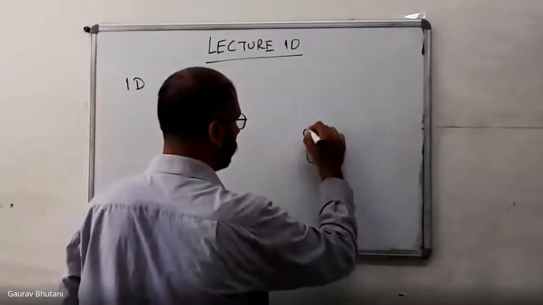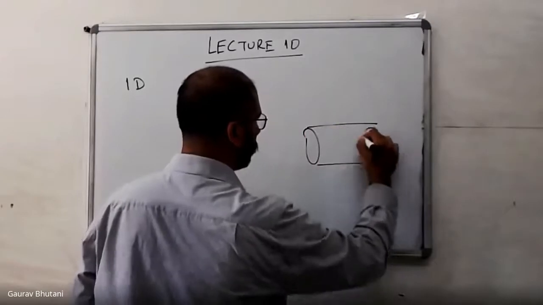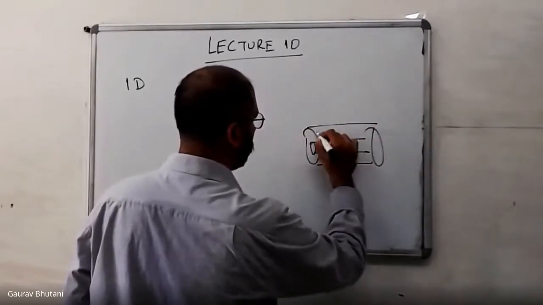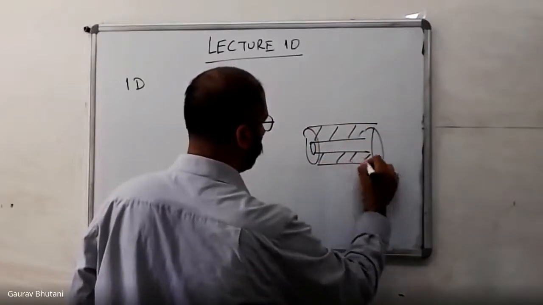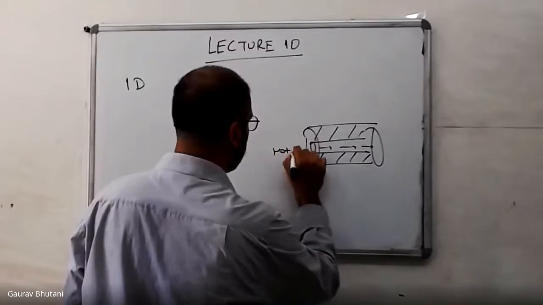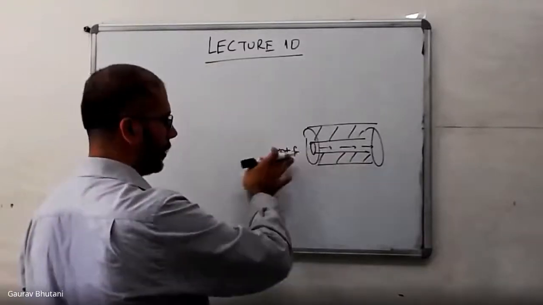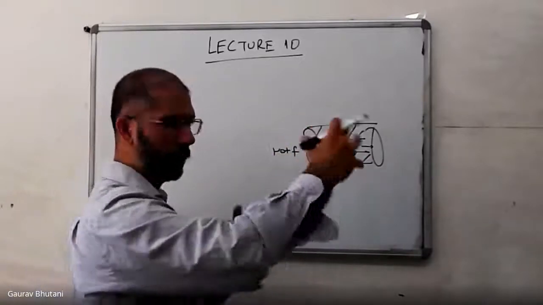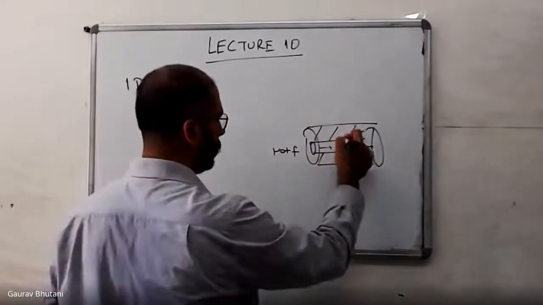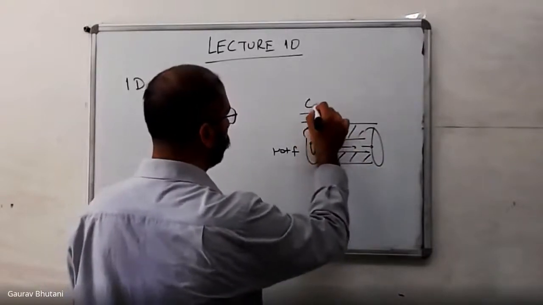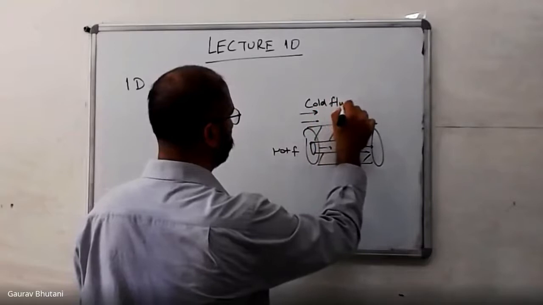So you had a system like this. There is some hot fluid flowing in the inner pipe, and then you have a layer of insulation above it, which is the dashed one, and then on the outside you have a cold fluid.